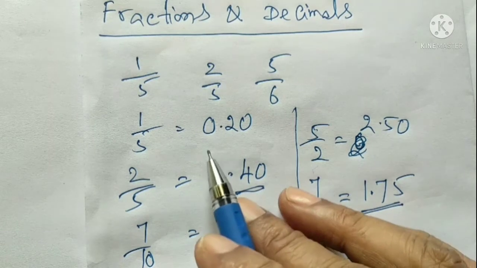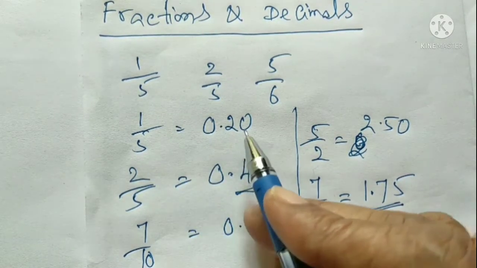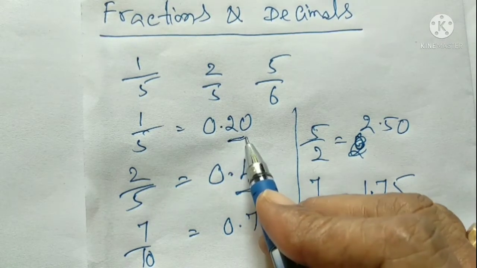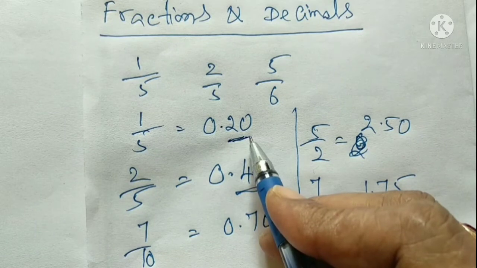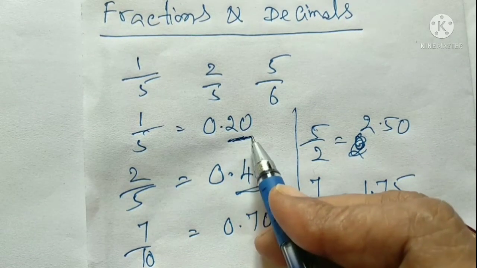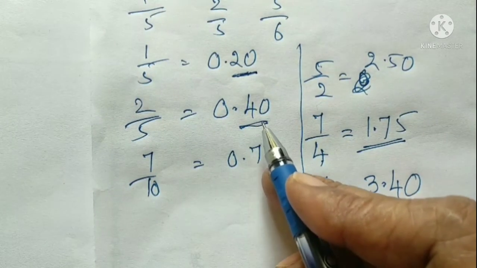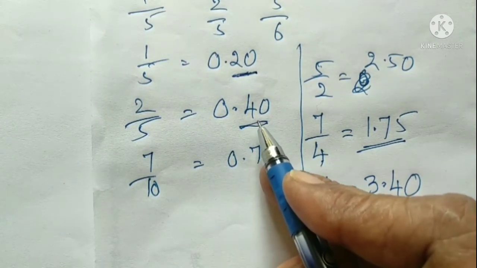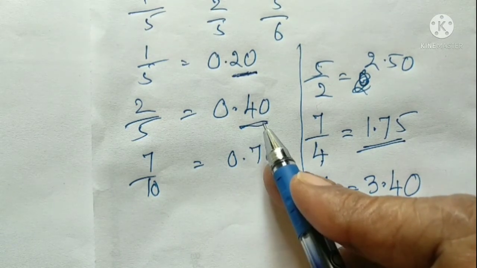Here we observe that 1 by 5 is equal to 0.20. This decimal form is called the terminating decimal form. And in this 0.40 also, this is a terminating decimal form, or the decimal form is of a terminating nature.